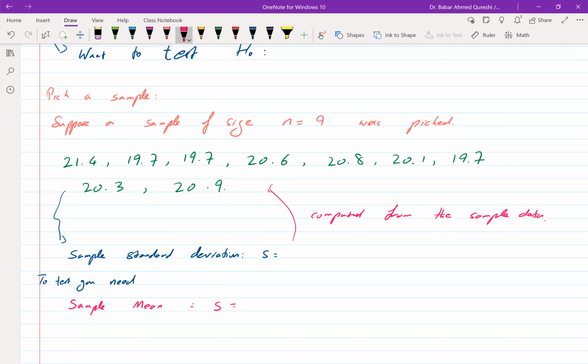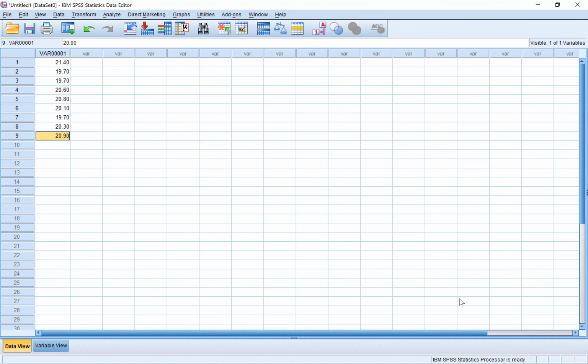So let's do it in SPSS because it's a bit quicker. I have the data here, and I have already filled in this data.